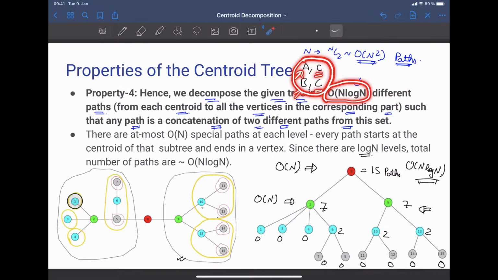Okay, so a path which starts at a centroid and ends at any other node is part of the special n log n paths that we have processed. And therefore, any path from the n square paths which exist in a tree can be decomposed into a concatenation of two different paths, A to C and B to C, where both of these are part of the n log n paths that we have processed.